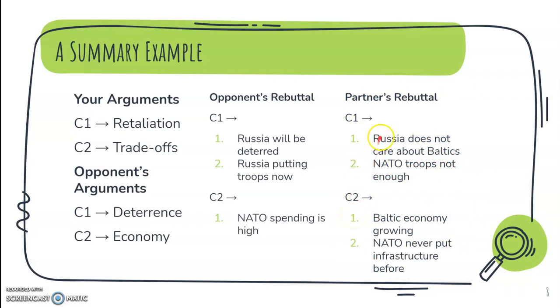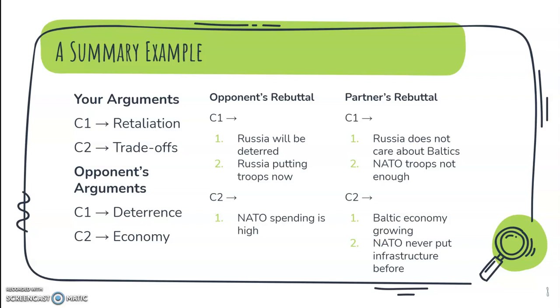What I would do in my summary is, let's say I like this response that Russia does not care about the Baltics, and I also like this response that NATO has never put infrastructure before. In that case, in my summary, I would re-explain my arguments and also address the partner's rebuttal by extending this response specifically, as well as this response. And when I say extend, as usual, I also mean re-explain it.